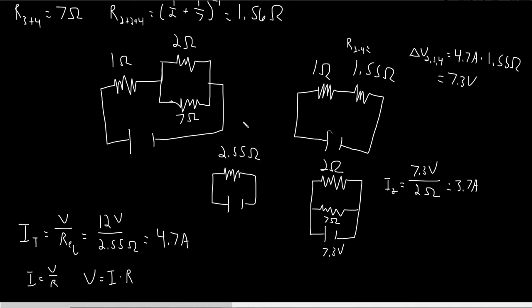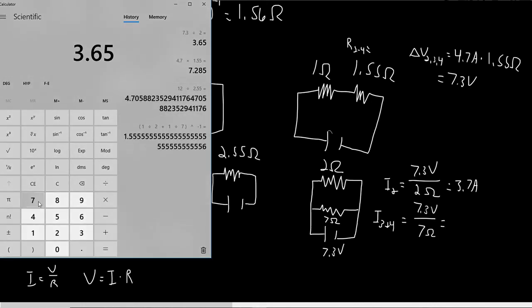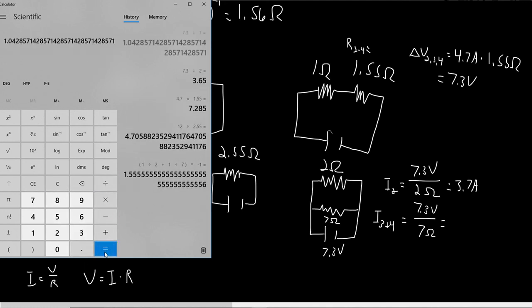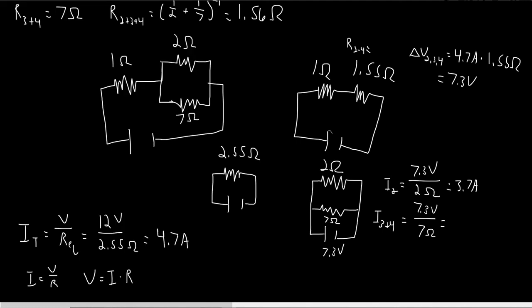All right, so now I need to look at what's the current for 3 and 4. All right, so now we're still using 7.3 voltage, 7 ohm resistance. So 7.3 volts, 7 ohms for that equivalent resistance there. 7.3 divided by 7. 1 point, let's call that 1.